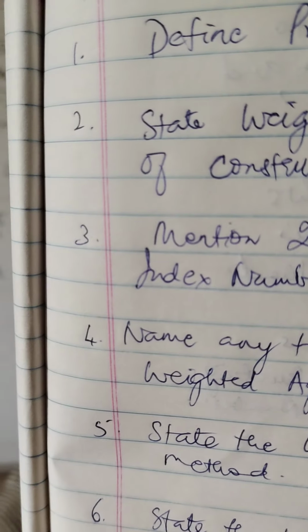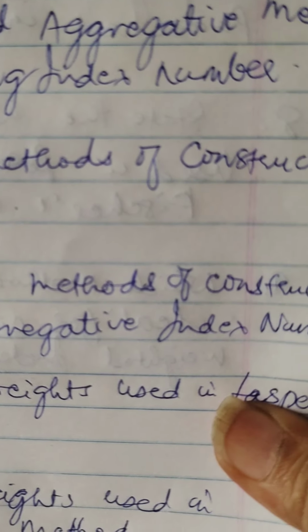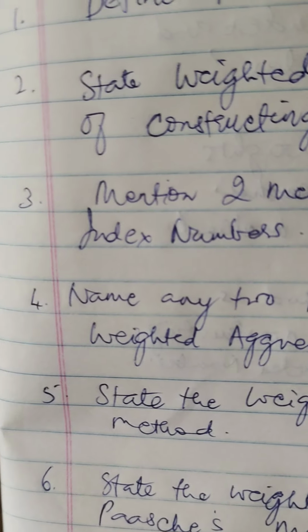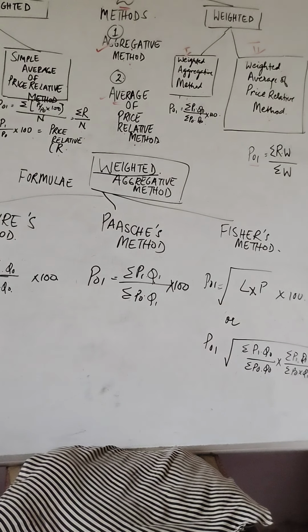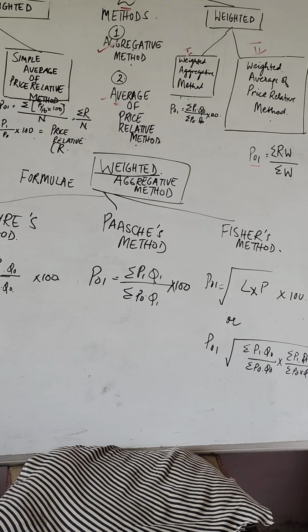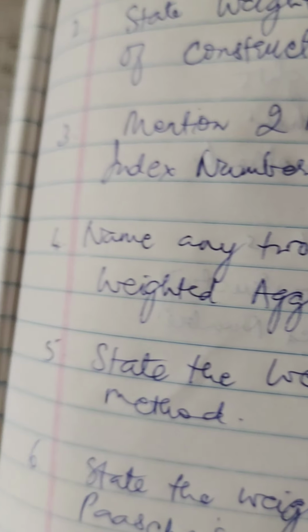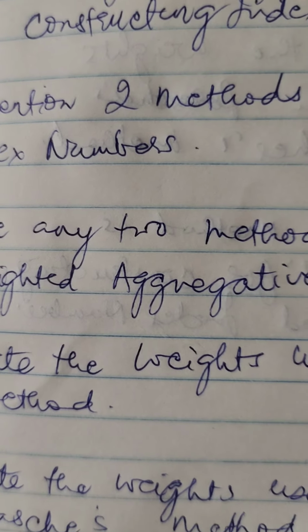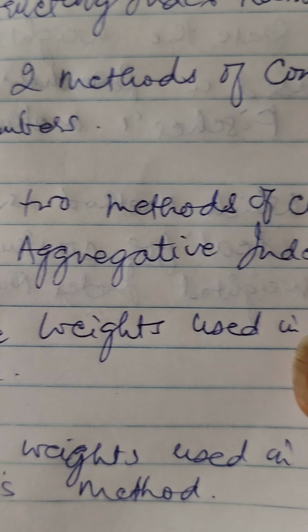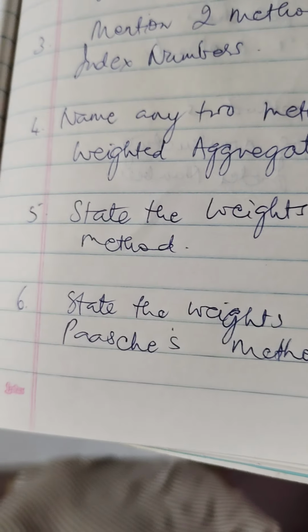So the next one is mention two methods of constructing index numbers. Since they've asked you just two methods, you can write down Laspeyres' method, Paasche's method, or whichever method you want to write. Or Bowley's method or Fisher's method. Okay. So the fourth question is name any two methods. Okay, we finished with that.